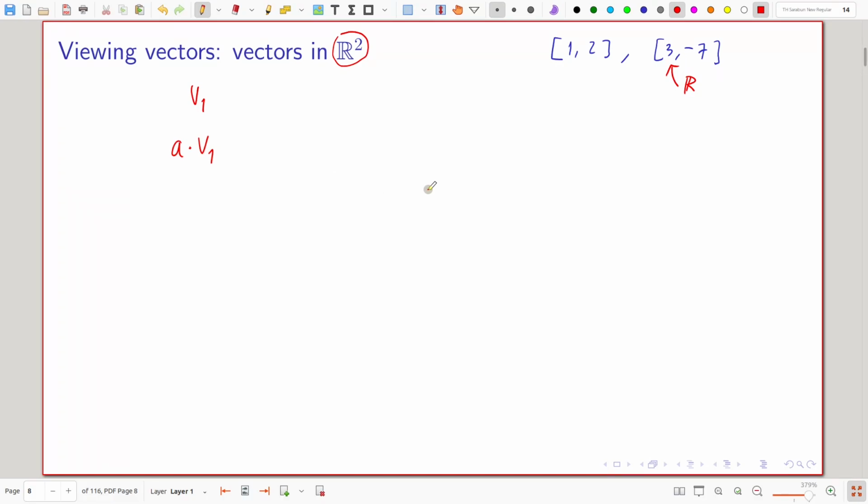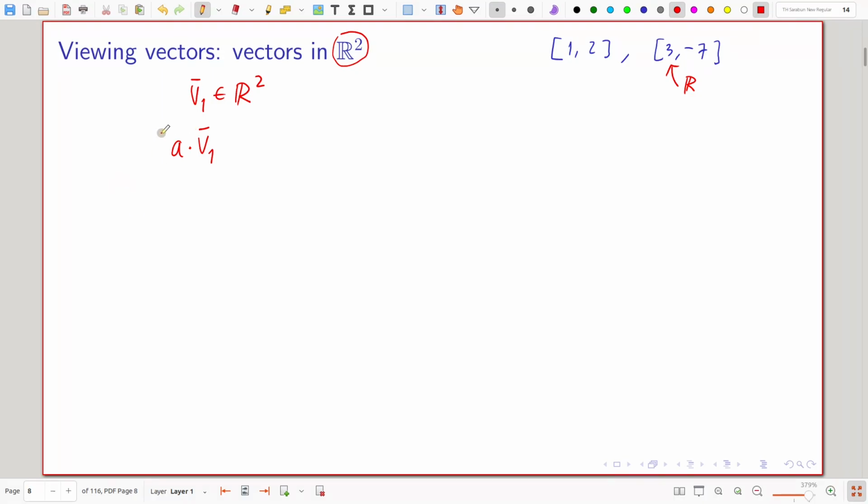So v1 is a vector, let's say it's a vector in R squared. Sometimes I put the bar on top to mean the vector. But if you know it's a vector, then I usually don't put the bar because it's messy. But today let me put it like that. So v1 is a vector. You multiply it with a, so it's a scaling of v1.